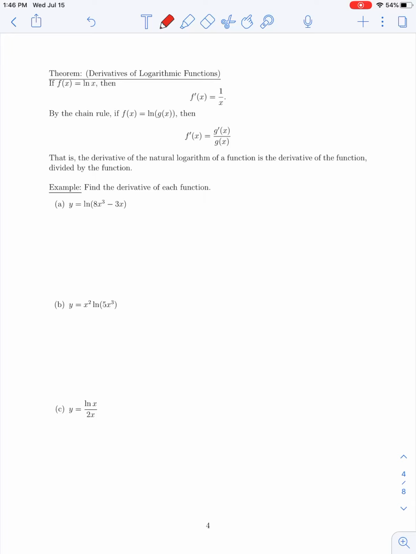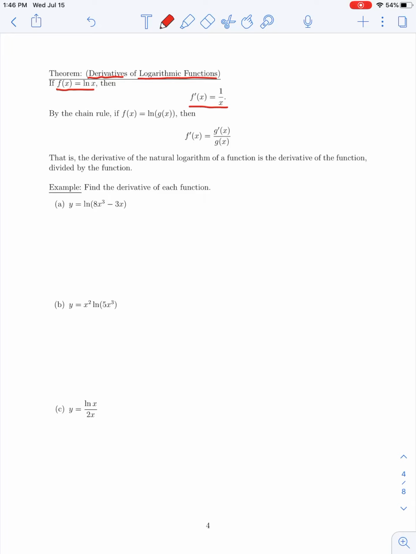So let's start by stating the derivative of that natural logarithmic function as follows. If we have the function f of x is the natural log of x, then the derivative f prime is given by 1 over x.